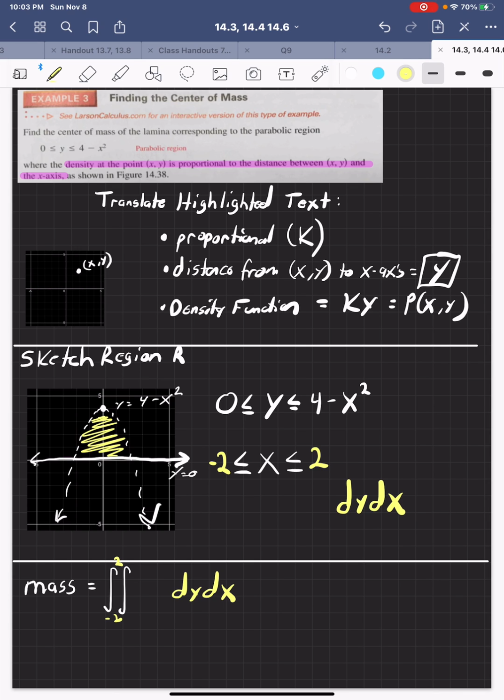Now, on the inside, we're going to have the bounds for y, where it's going to be going from 0, but it has to be under 4 minus x squared. Okay, so all is good except what the integral needs inside is our density function. So our density function is going to be inserted here.